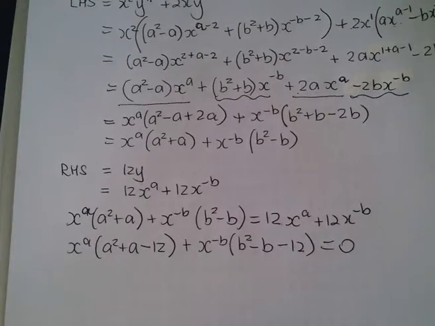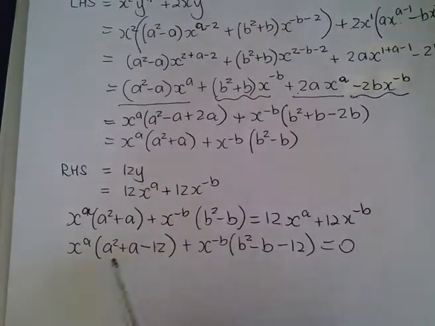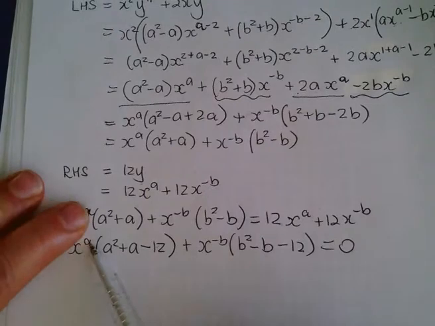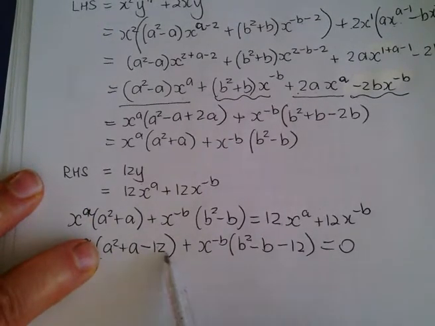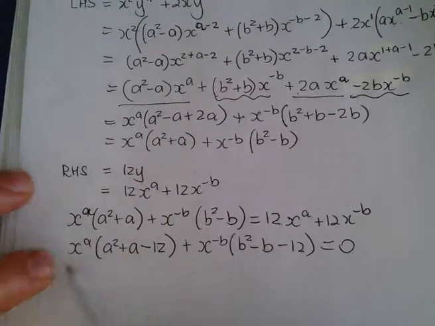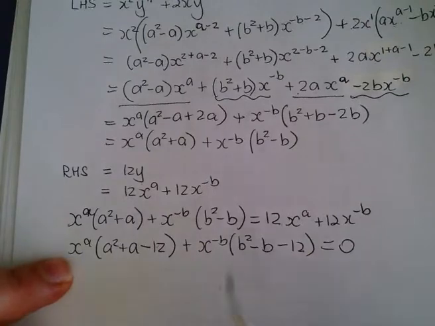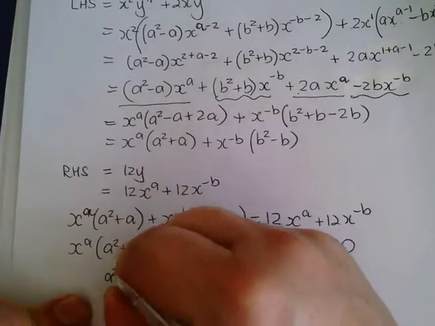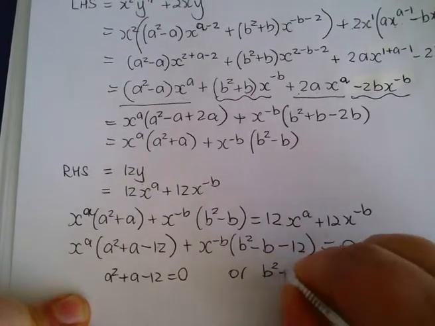So for that to equal 0, now we solve these quadratics. So couldn't x to the a be 0, or a squared plus a minus 12 equals 0? That's how this whole thing's going to be 0. So we've got a squared plus a minus 12 is 0, or b squared minus b.